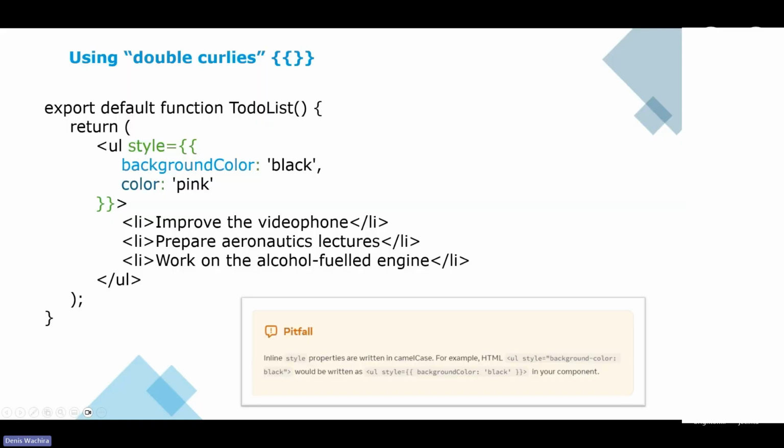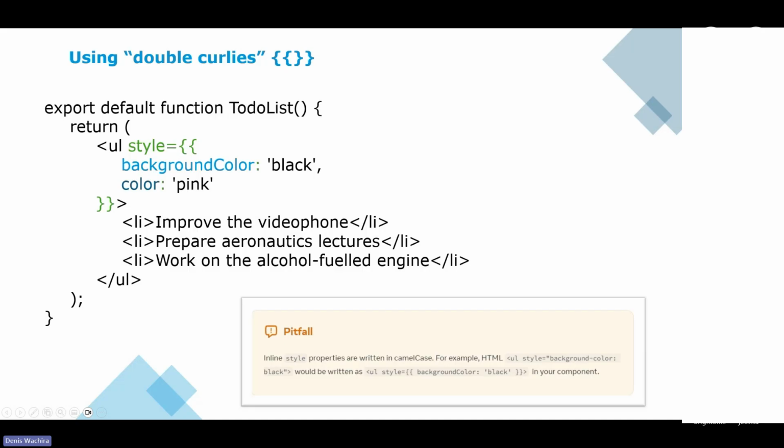So same case when writing the styles. So if you are styling an unordered list, the list has a style. So the first curly braces indicate it's JSX code. Then the second indicates now the what? The styling, which is the CSS. The way we do normal CSS, like a key or the property of that style, then the value of that.